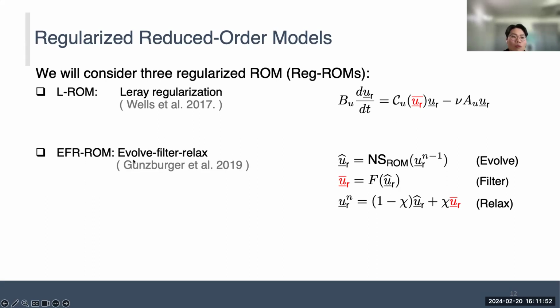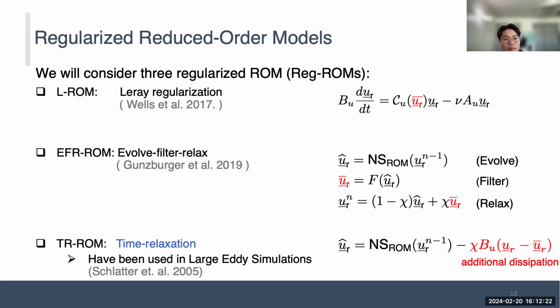For the EFR ROM, there are three steps. In the evolve step, it's a standard ROM for Navier-Stokes being solved. In the second, filter step, we apply a filter F that we'll define later, and it's applied to the solution that we obtain from the first step. In the relax step, there's a convex combination between the unfiltered and filtered solution.